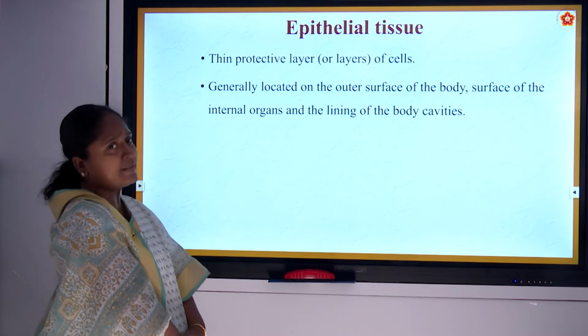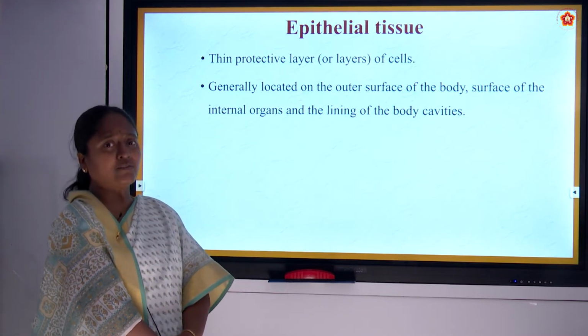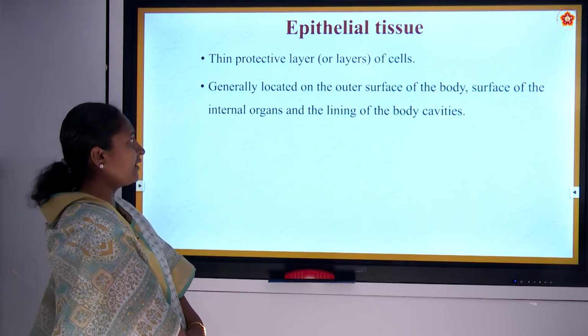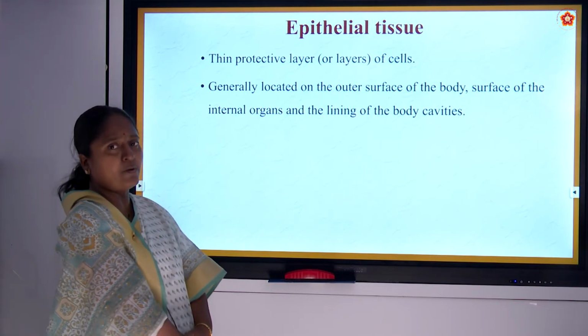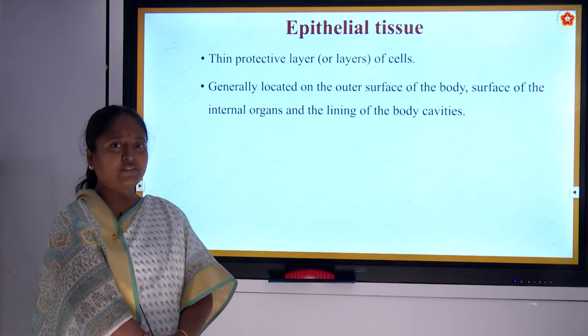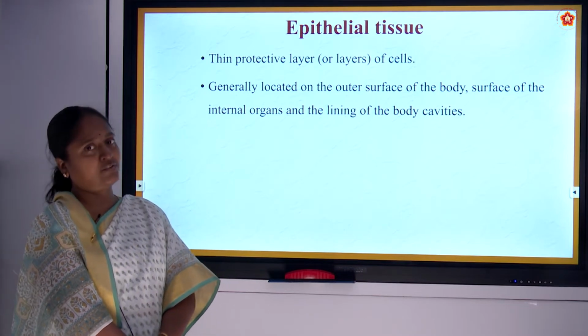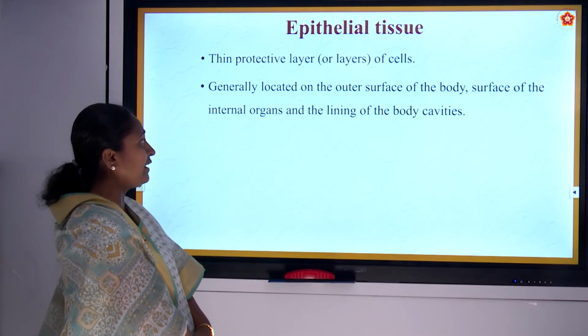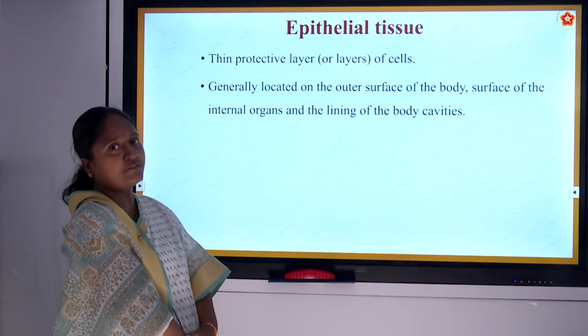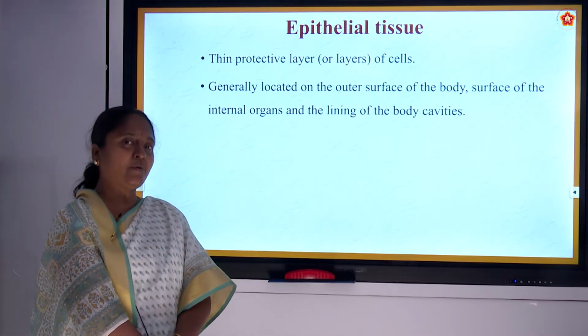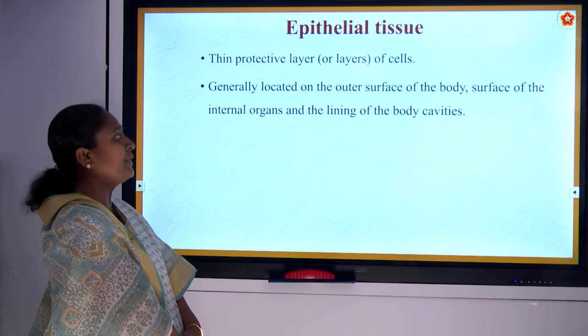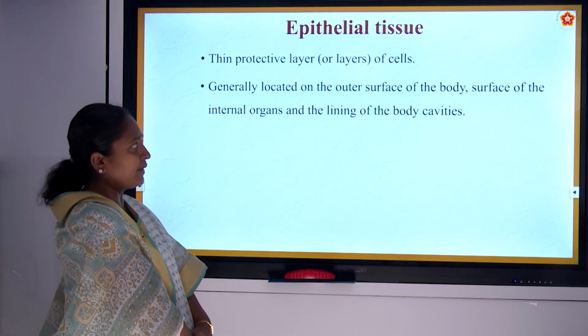Where is it located? It is located on the outer surface of the body. We have the outer surface of the body as skin, right? We will see the structure of the skin eventually, but it is the outermost surface, so we can immediately think about skin, right? That is where these epithelial tissues are present.